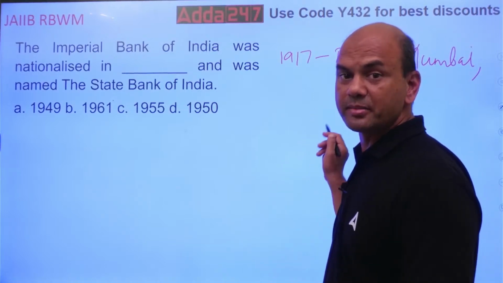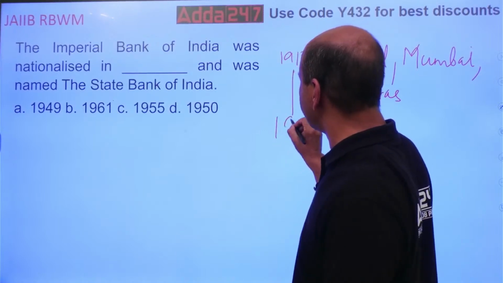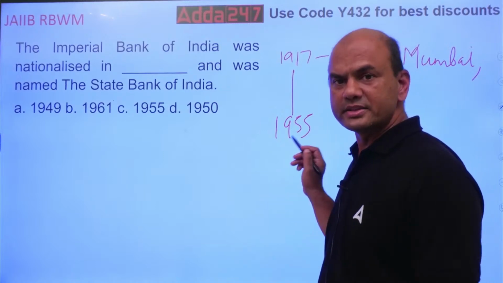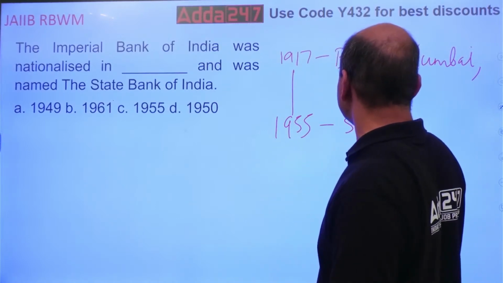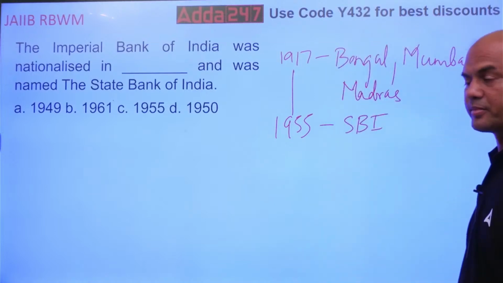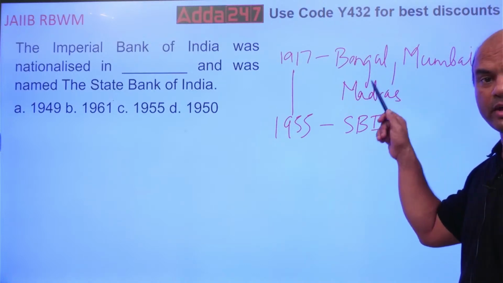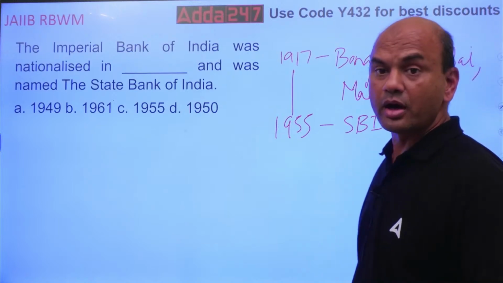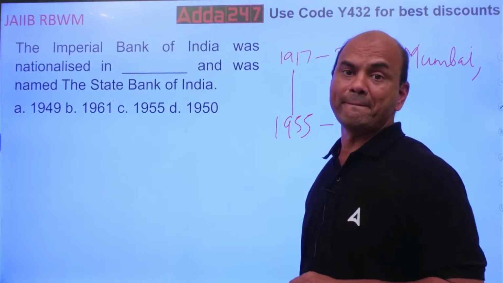Then in 1955, after independence, this bank was named as SBI. There's a great history to these banks also, Bank of Bengal, Mumbai, Madras. How these were formed, you will see in CAIIB.